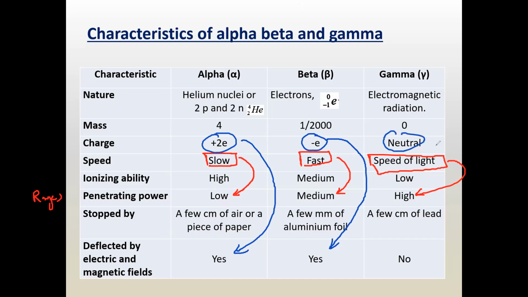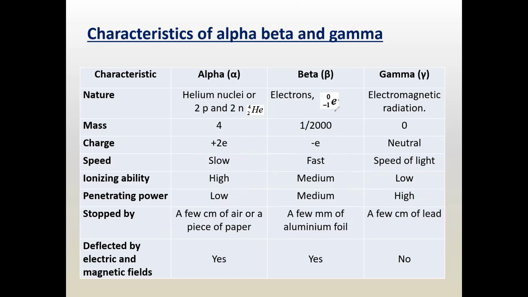And gamma is neutral, so there is no deflection. Deflection in electric and magnetic field depends on whether it is charged or uncharged. So this table is important, it relates to the characteristics of alpha, beta, and gamma radiations.